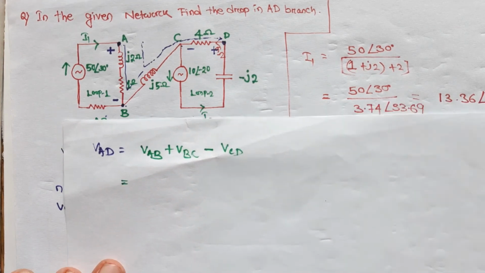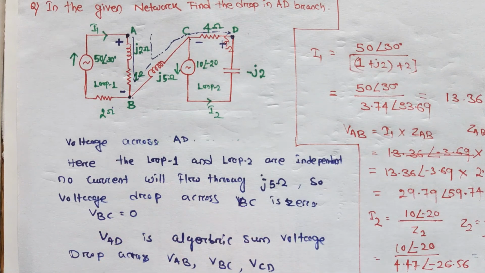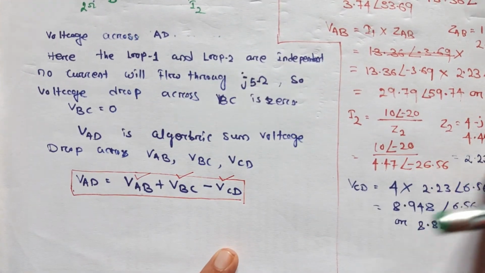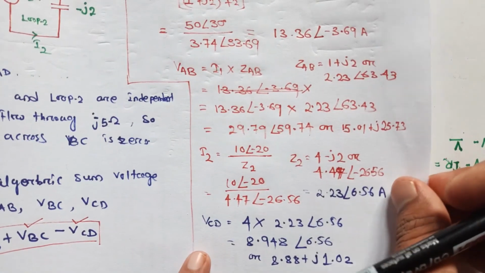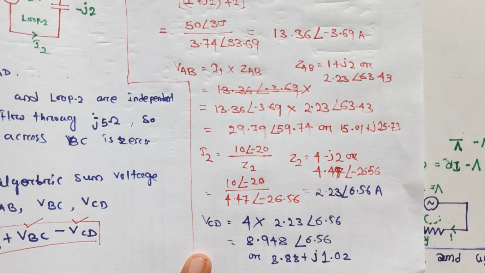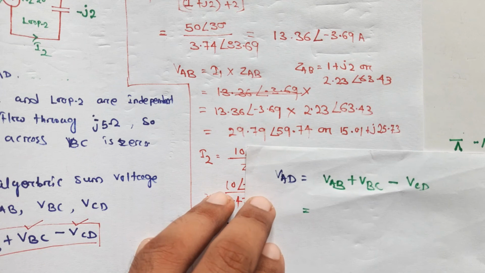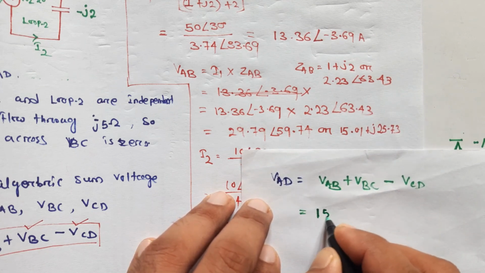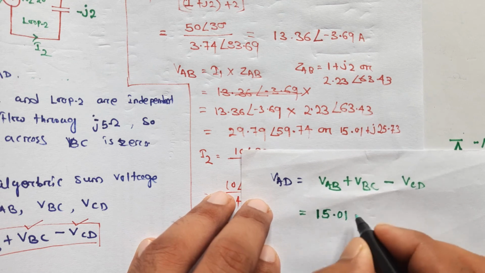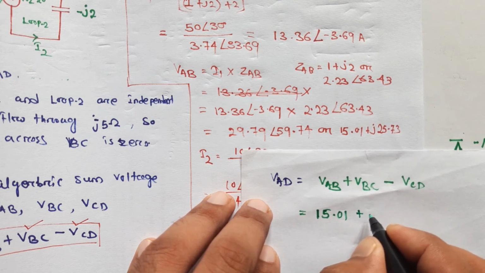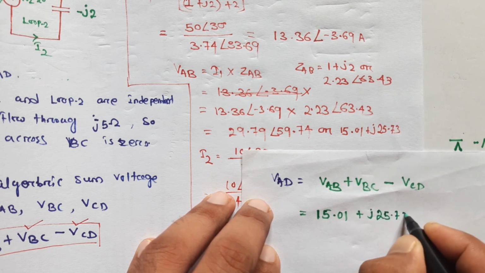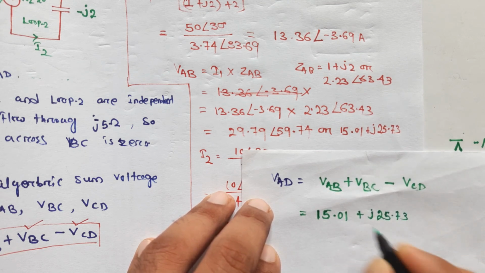So we need the VAB value, which is 15.01 plus j25.73.